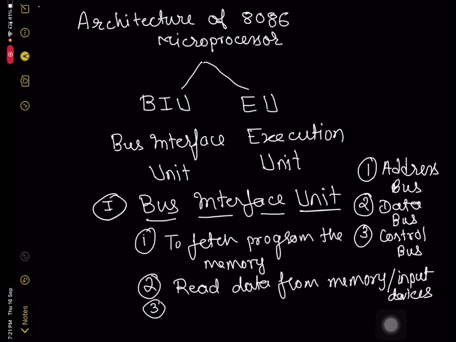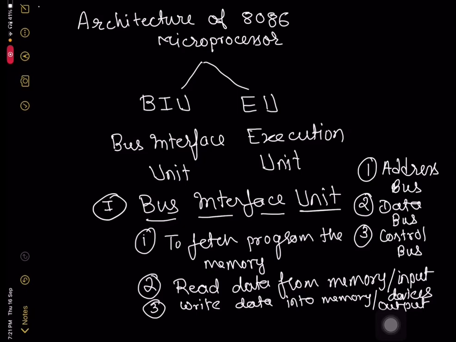Third and important function is write data into the memory or output devices. So the way we read the data from memory, in the similar manner, processor writes the data into the memory or onto the output devices.